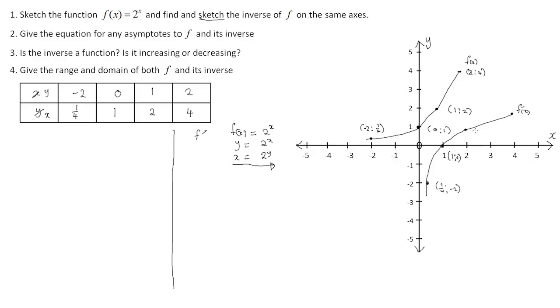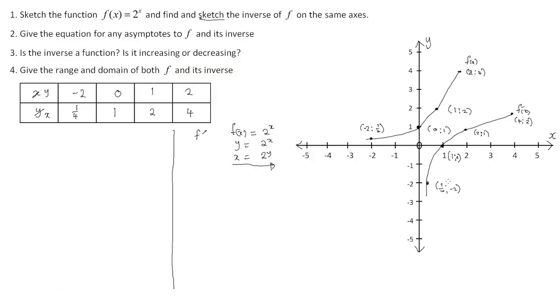Here we have x is 2 and y is 1. And the last one would be x is 4 and y will be 2. Right.